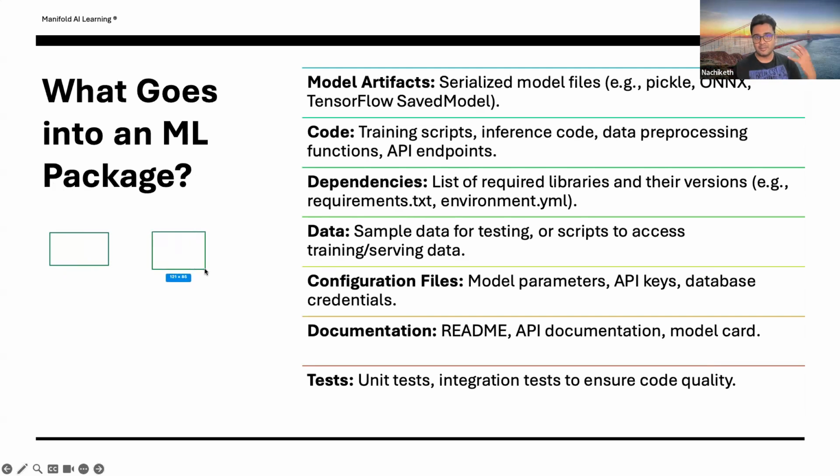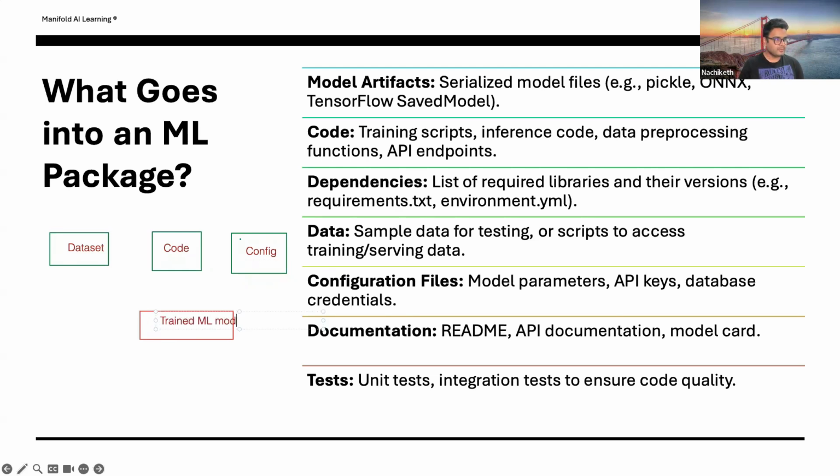We'll have a data set, we'll have code, and we'll have some kind of configuration. These configurations can be related to my algorithm or the hyperparameter settings. By combining these, we are going to have a trained ML model.